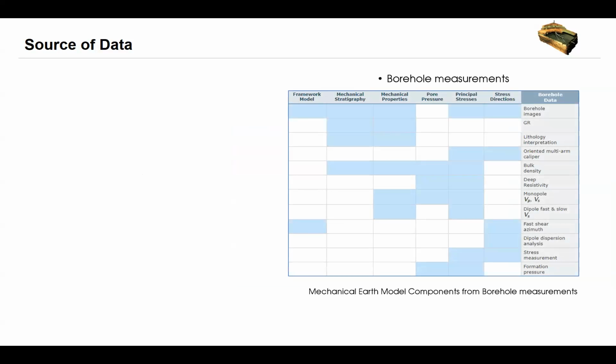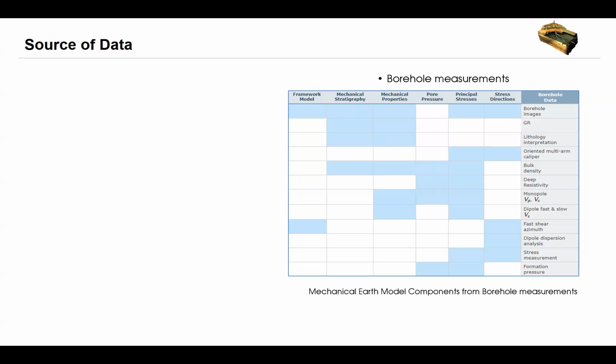Borehole measurements are essential steps for the mechanical earth model. This data is used especially from well logs and coring. The borehole images such as the FMI and UBI are used in mechanical properties, mechanical stratigraphy, and the framework model. The sonic logs are also used in mechanical properties, pore pressure, and also principal stresses.